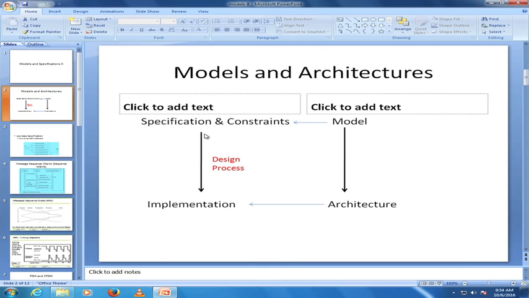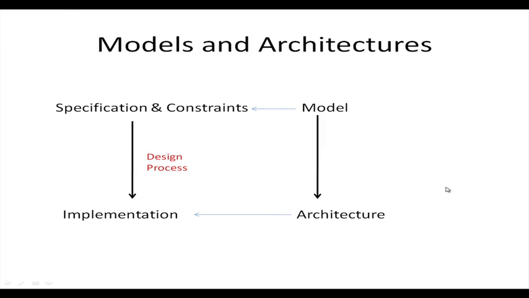The design process is actually converting. So, what did I say? I said that when we talk of models and architectures, we start with a model, and from that model we derive the specification and constraints, and parallelly we need some architecture to be decided.